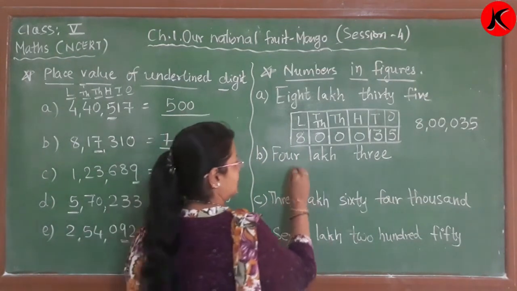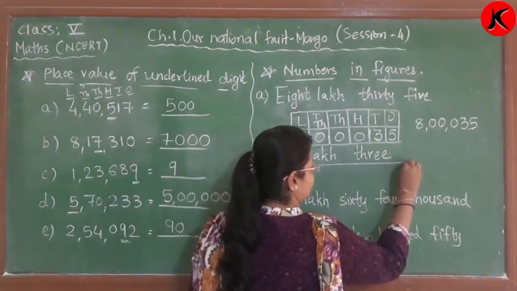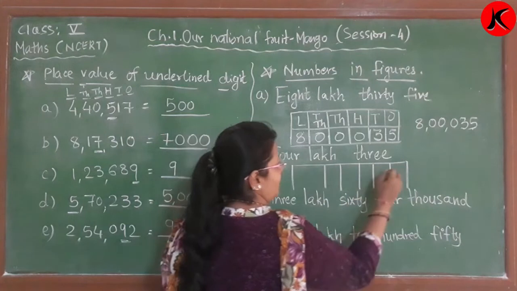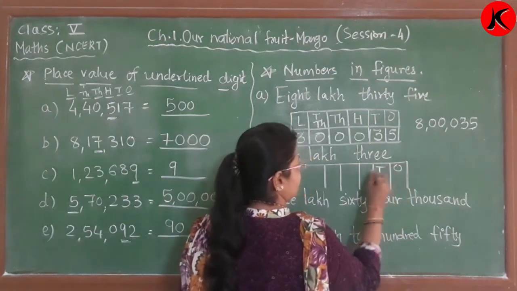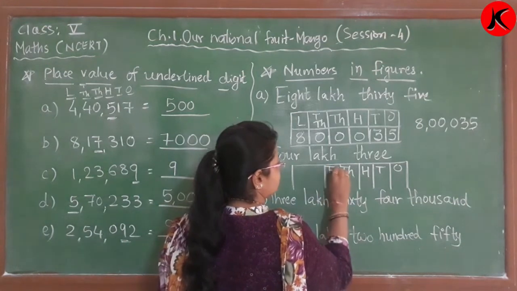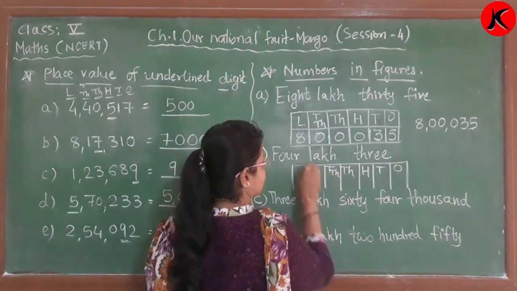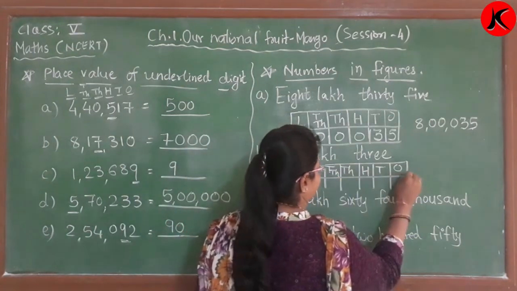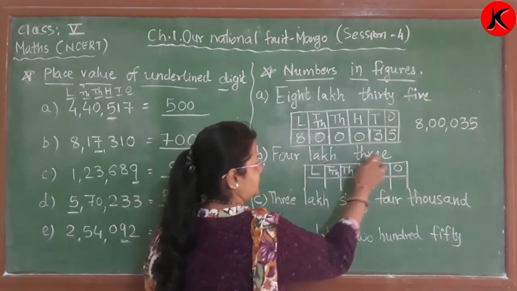Now see here. First of all, we draw the place value table: ones place, tens place, hundreds place, thousands place, 10,000s place, and lakhs place. Right? So 4 lakh 3.